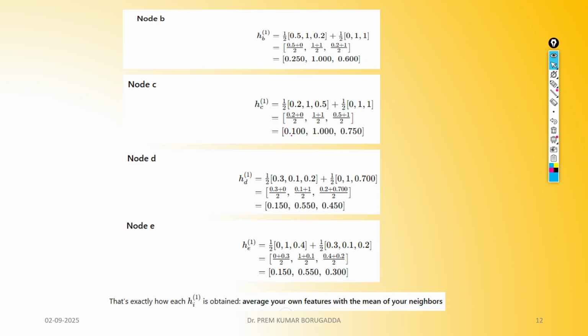Now similarly you calculate this for node B. For node B you calculate the HB of 1, which means 1 by 2, 0.5.